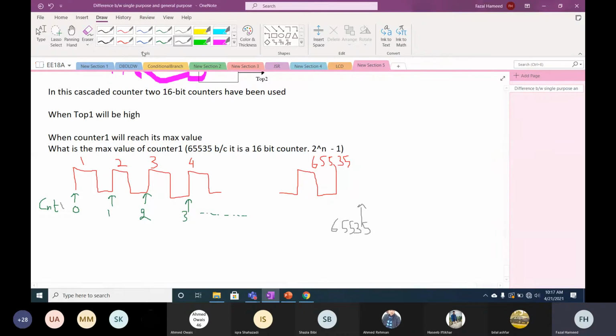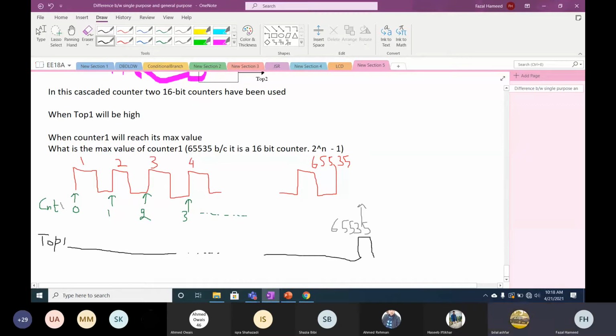Initially top one is 0, and it will be 0 for the whole duration. When count 1 reaches its maximum value, what will be the value of the top signal?